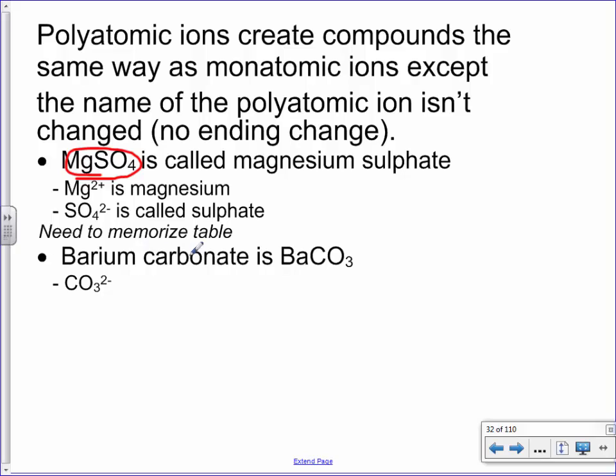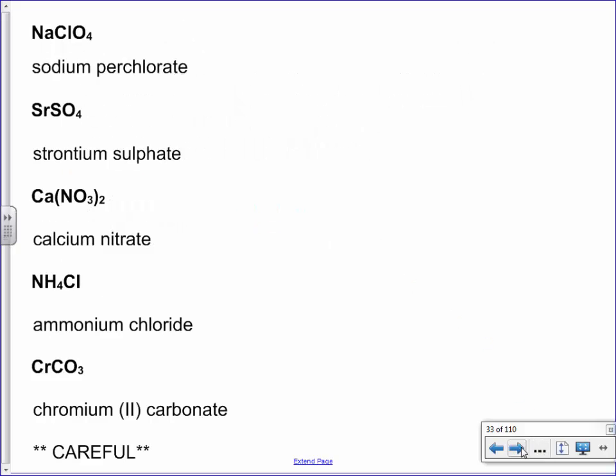So barium carbonate is Ba and carbonate is CO3. This guy's +2, this guy's -2. Do I need to actually cross over the 2's if they're exactly even to each other? Sound good? Okay. I've got some examples here, but you guys can probably look at those if you want.